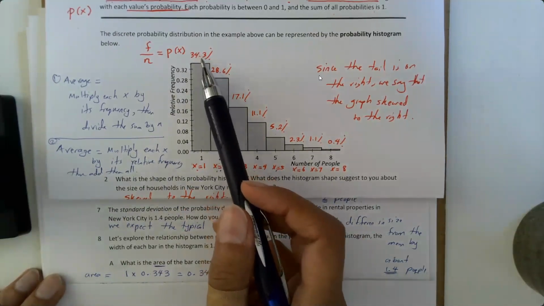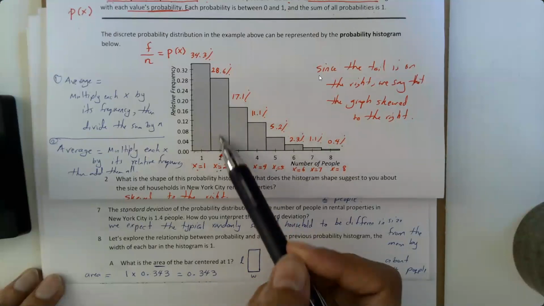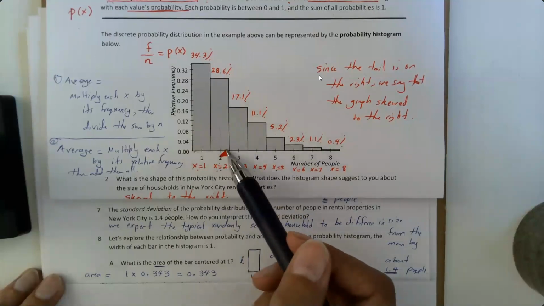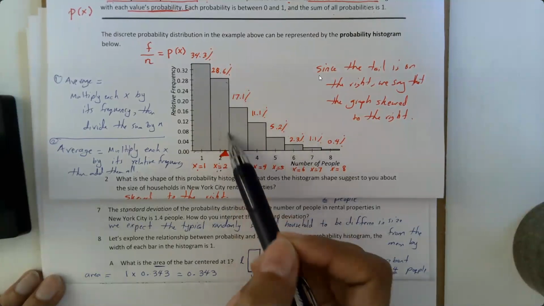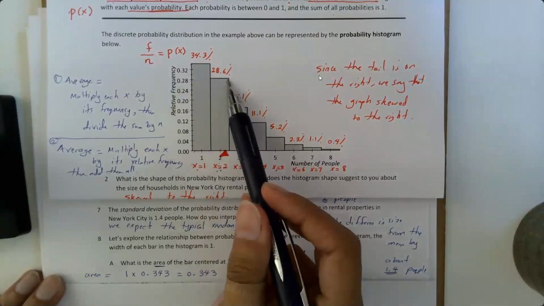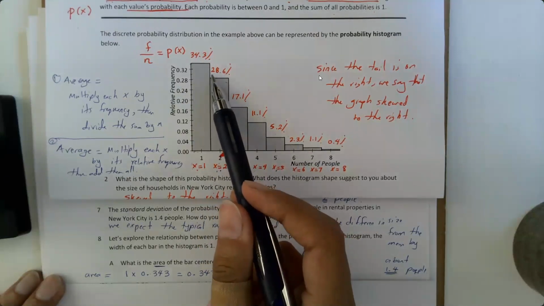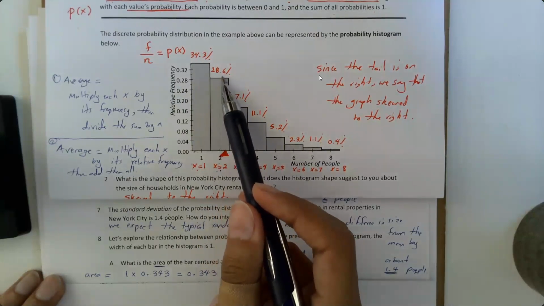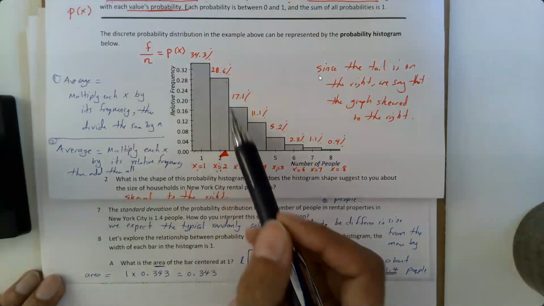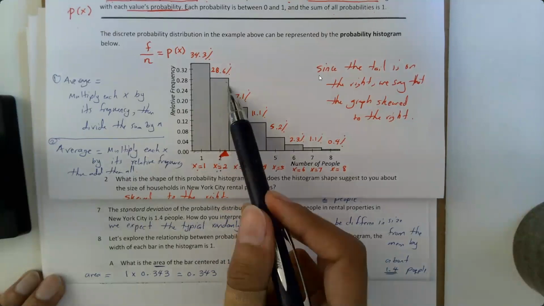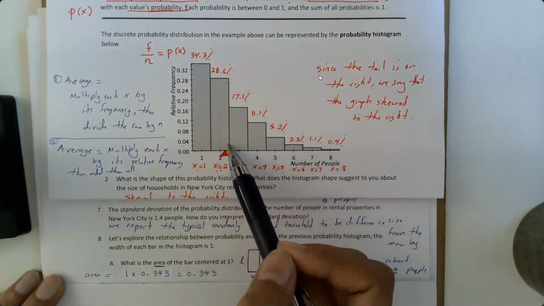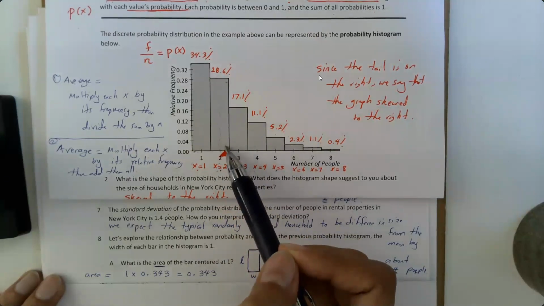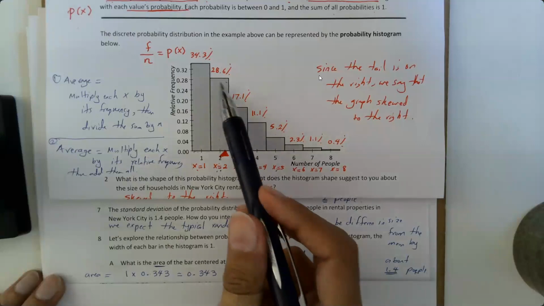I expect you to ask, what is the area of the second bar? We know the width is 1, so it all depends on the length. The length is 0.286 or 28.6%. So if I multiply 1 unit by the length, 28.6%, the area is going to be the same as probability.